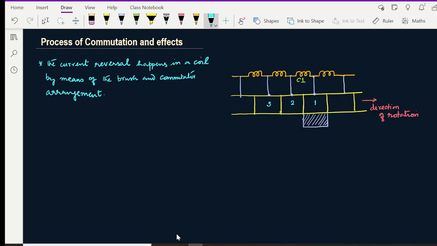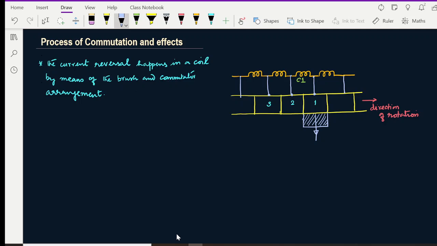To make it a little simpler, I can say that in an armature coil, we know that the current in the coil undergoes a change in direction with respect to the changeover in the direction of flux, but at the same time we would like to retain the current direction at the given brush as unidirectional.